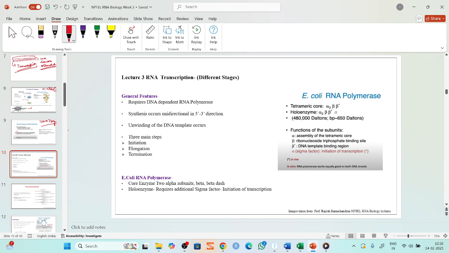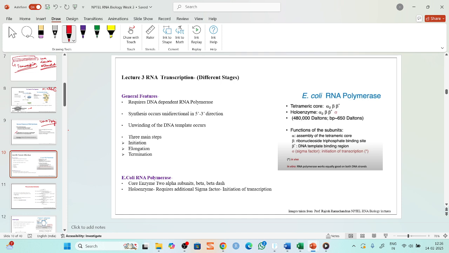Now, when we talk about RNA transcription, the three major steps are initiation, elongation, and termination. What is the meaning of initiation? To initiate, or the formation of the first phosphodiester bond. Elongation means the movement of the transcription bubble.